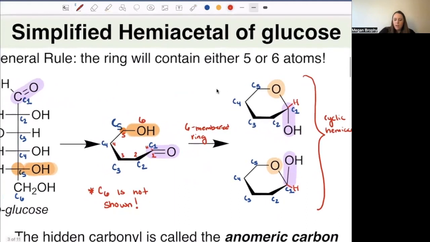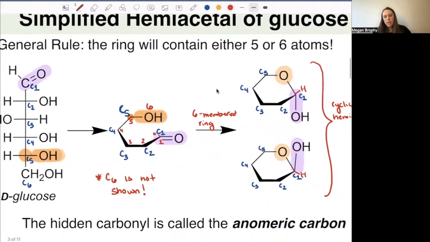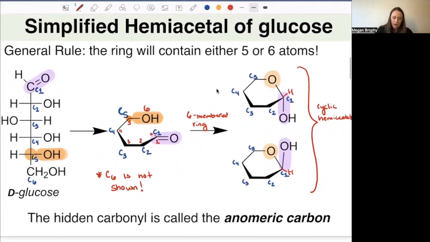And then we still have our carbonyl carbon, our hidden carbonyl. In a sugar, it's specifically called an anomeric carbon. So that's our hidden carbonyl in our cyclic hemiacetal. I'm going to go over it in yellow, but keep in mind there's a lot of colors here now. So we have our anomeric carbon, and that's the carbon that has 2 carbon-oxygen bonds.